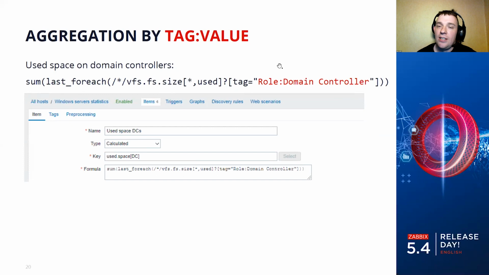You can mark your host element with the role. This is a domain controller. You do that marking at the host level, and it will work. You create this item inside the template, and it will seek all the items which belong to the specific hosts having this tag and tag value, and do the aggregation, and we will end up having an item with the usage space for all domain controllers.